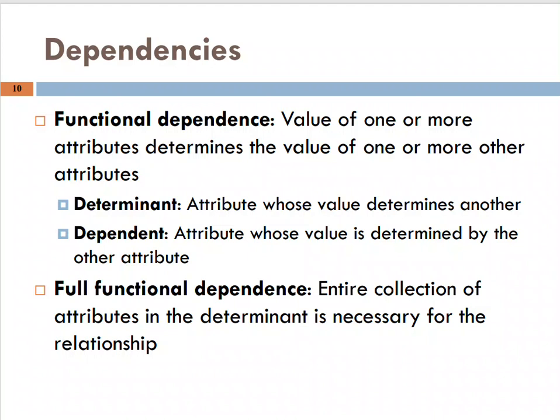Tanpa first name pun, hanya bergantung kepada matric number sahaja, sudah memadai untuk menentukan CGPA pelajar. Itu adalah bukan full functional dependence. Cuma kalau kita ambil first name dengan last name, itu full functional dependence. Sebab salah satunya tidak mencukupi untuk menentukan attribute yang lain.